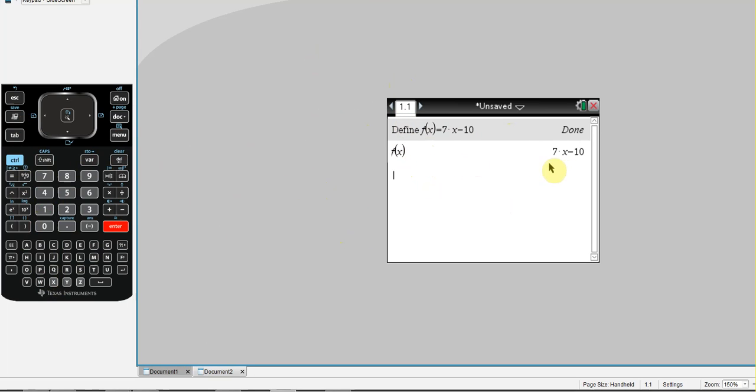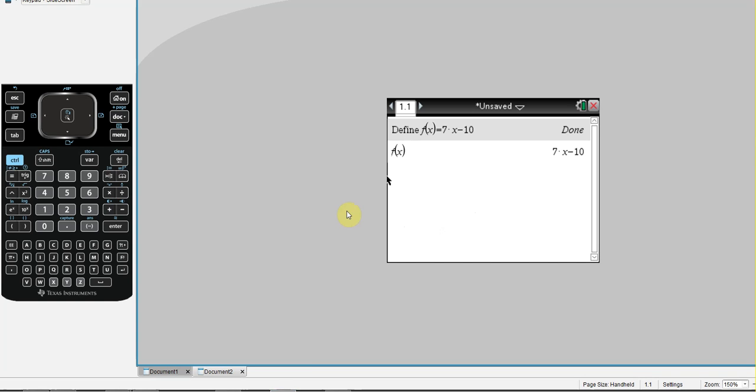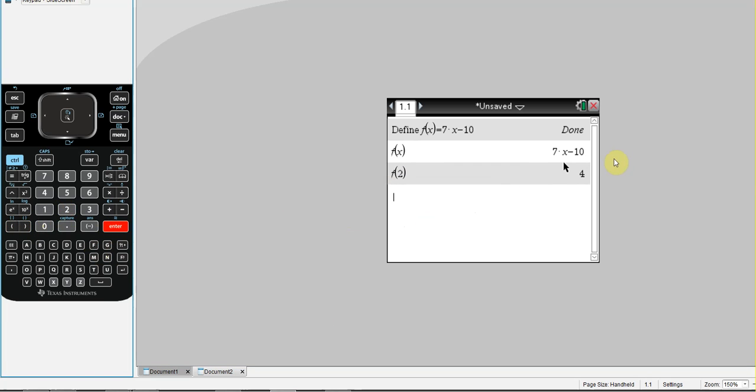It sends us back what we'd typed in for our function of x. Now, as before, if we wanted to know what our function of 2 is, and we know the answer should be 4, we can just type in function of 2. And there we go, we get 4. And in fact, we can type the function of any number and it will tell us the answer. So we could do the function of 385, and there you go.